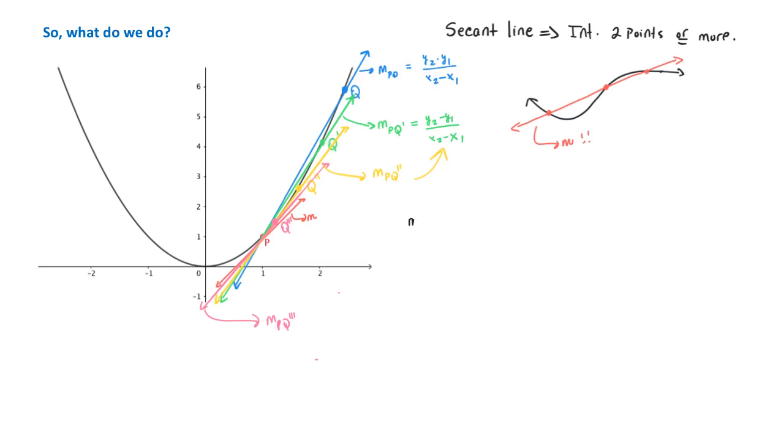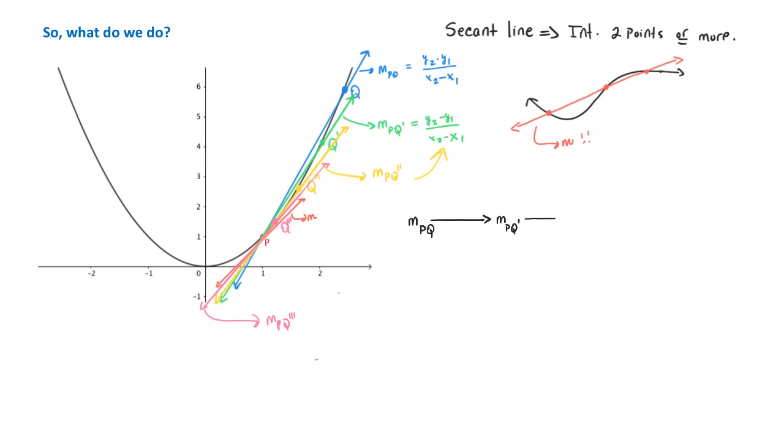We calculated the slope of line PQ, but that's not good enough. So we picked another point on the graph, Q prime. Now Q prime was a little bit closer to P. So the slope of line PQ prime is going to be a little bit closer to the slope of the red tangent line, but still not good enough.